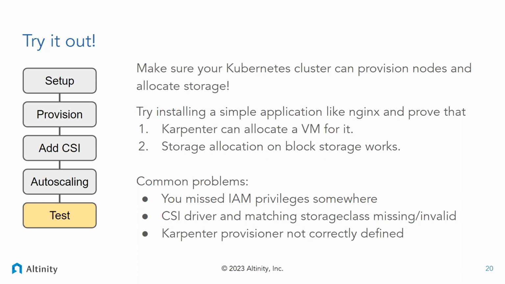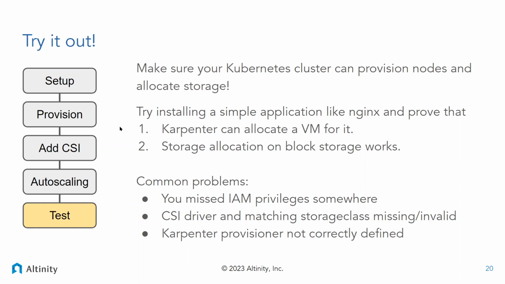If that happens, it will just sort of spit at you when you try to bring things up on EBS. But you can bring up an Nginx server that allocates volumes, and what you'd like to see is that you can allocate a VM, that the storage gets correctly allocated, and when you take that deployment away, that it goes away. At that point, you've got a working Kubernetes cluster, and we can begin to think about how to connect it to Altinity.Cloud.